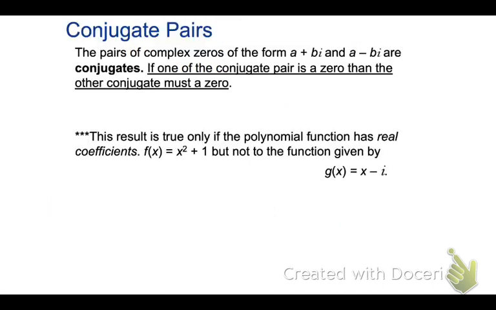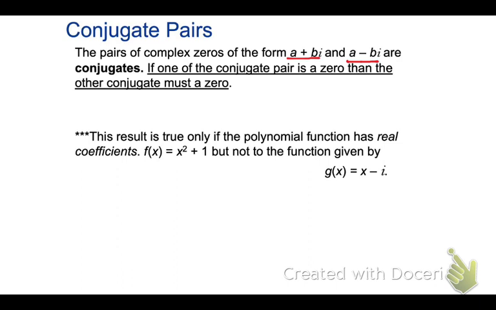The last thing we have to go over are conjugate pairs. Every time you see a plus bi as a factor, guess what is also a factor? A minus bi. Every time, if you started off with real coefficients, if there wasn't an i to start with. Does that make sense?